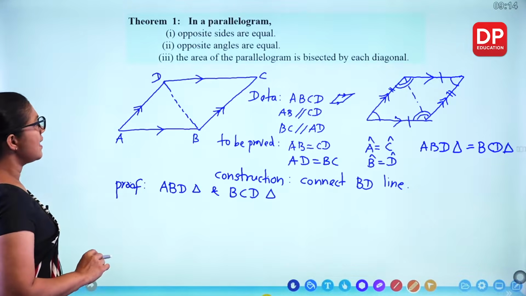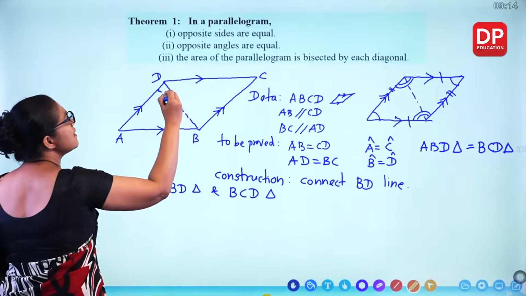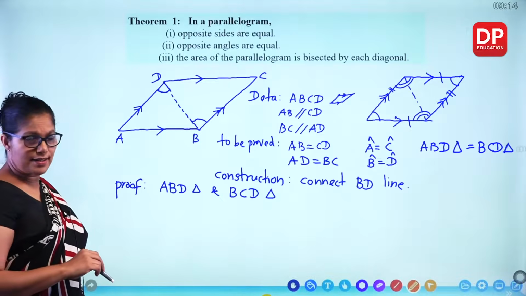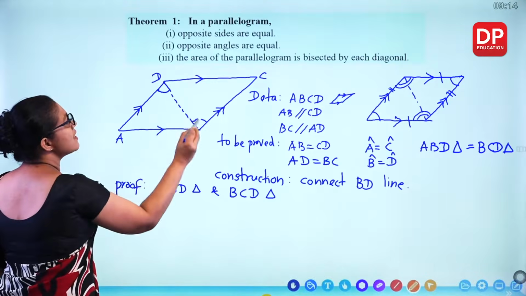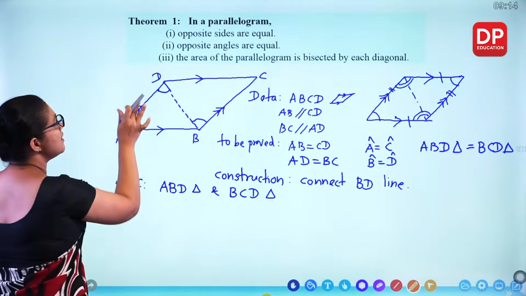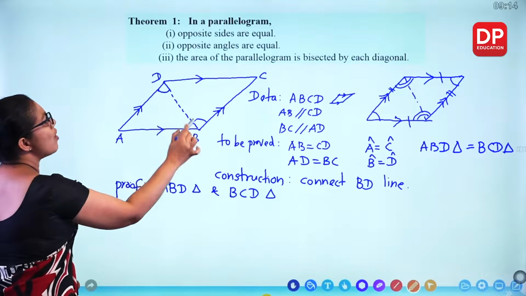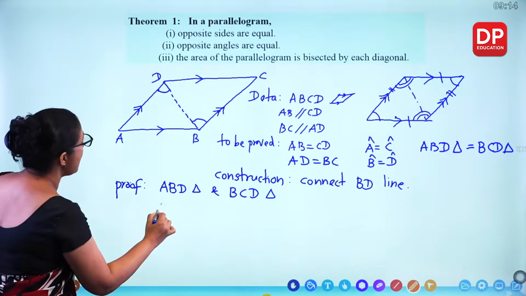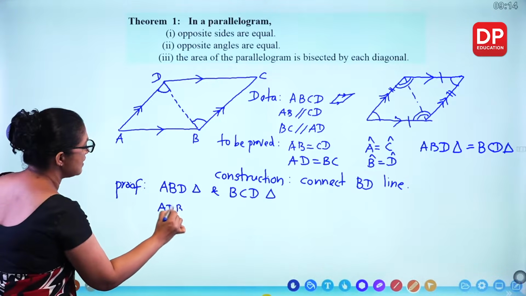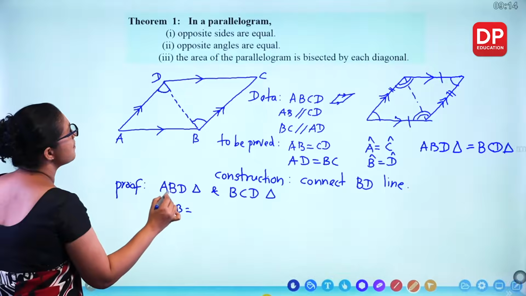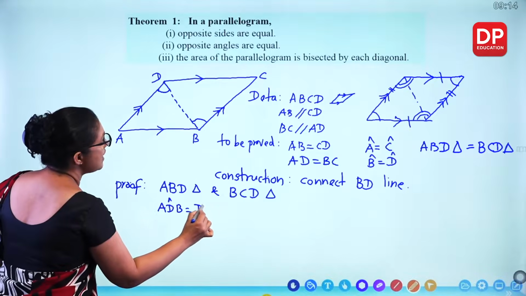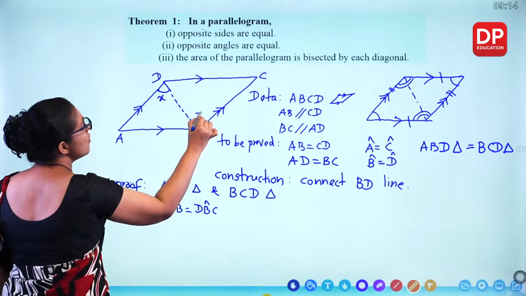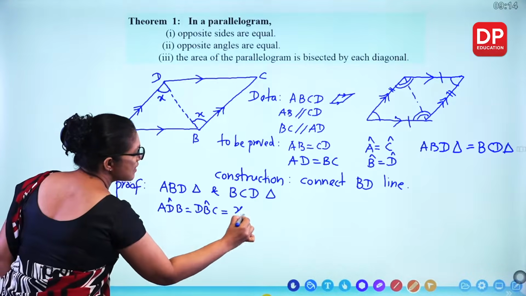I can say this angle is equal to this angle. Why? What's the reason? Alternate angles are equal. These two are parallel, so alternate angles are equal. I can write angle ADB is the same as angle DBC. I'll put X for that, it's easy to figure out, and this is X.